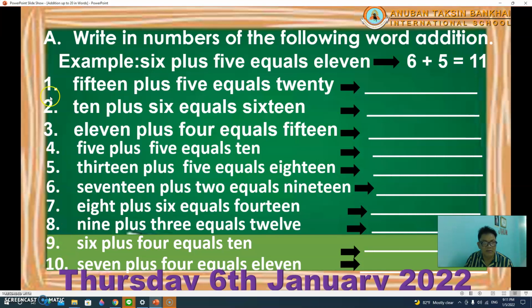This is an example so that you know what you are going to do. Number 1, the example is 6 plus 5 equals 11. So you're going to write 6 plus 5 equals 11.